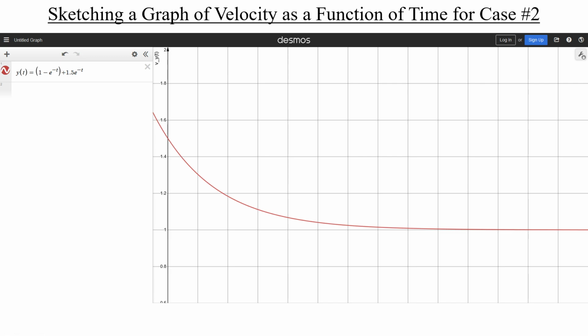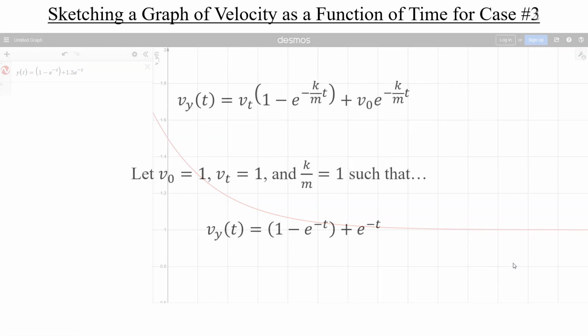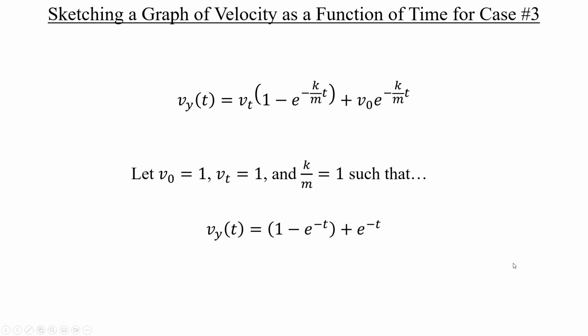Interesting. One case left. This time, let's set everything equal to 1. Can we predict what the graph will look like before we even pull up the Desmos picture? Well, I would say yes, we can. Take a look at our equation down here.